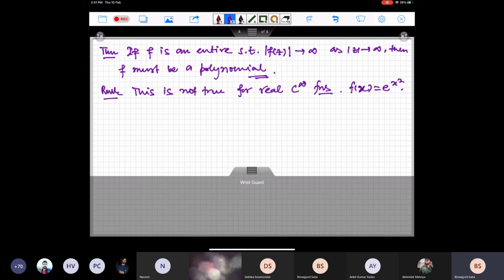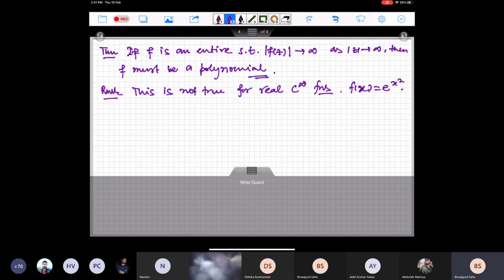So what you would have got is that, even though on the real line, as you go towards plus infinity or minus infinity, this function tends to plus infinity, that's true. But on the complex plane, if you try to approach infinity from several other directions, let's say along the y-axis, then this function is not going to tend to plus infinity.